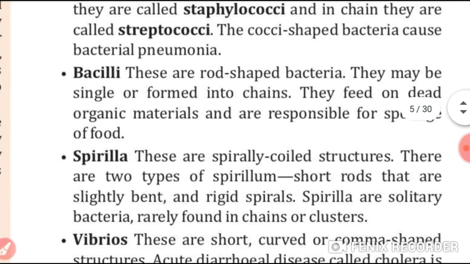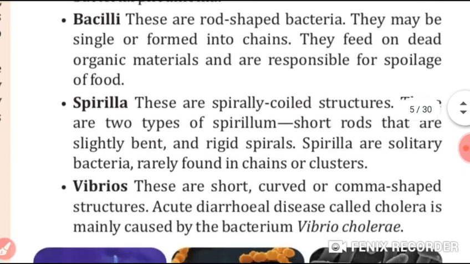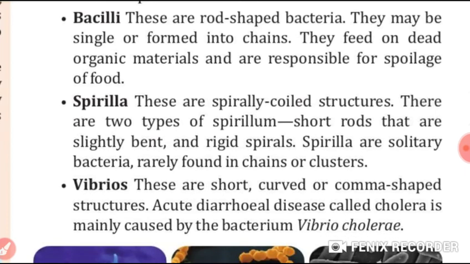Okay. Then comes the bacilli. These are rod shaped bacteria, students, and they may be single or formed into chains also, and they feed on dead organic materials. Okay. And they are responsible for the spoilage of food. Okay students.